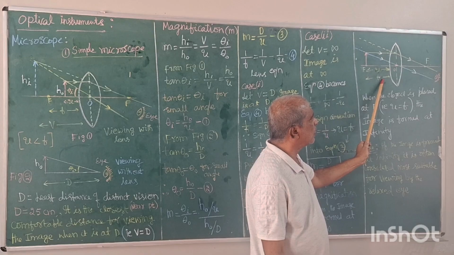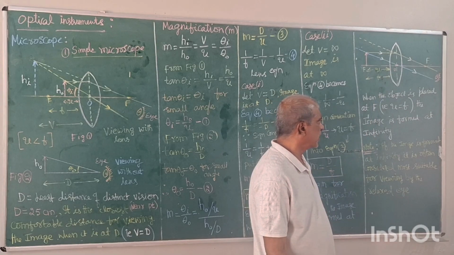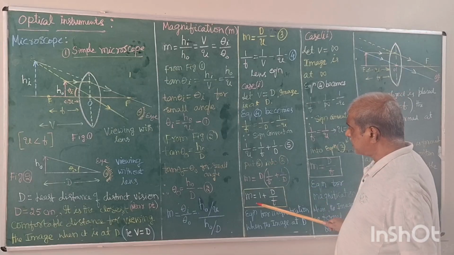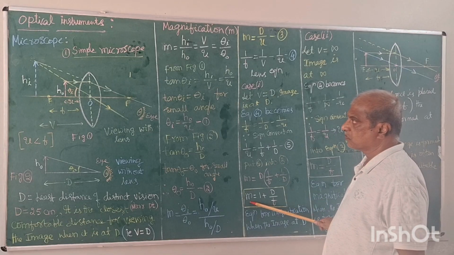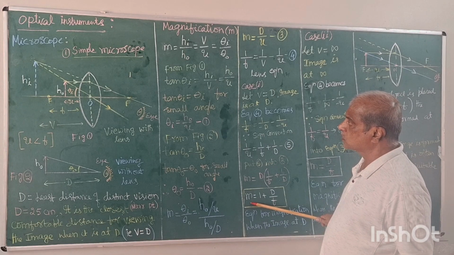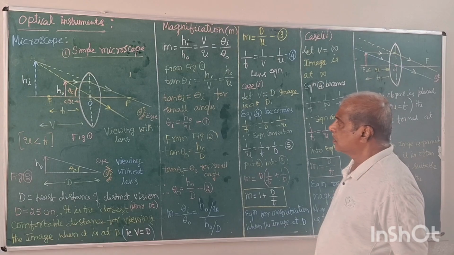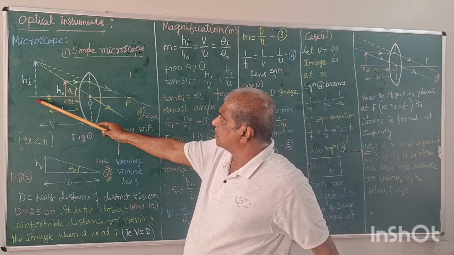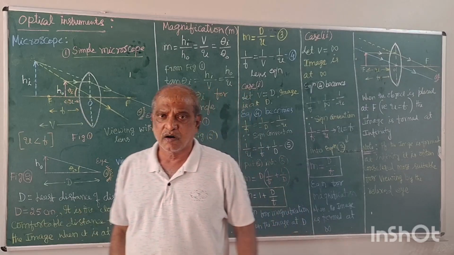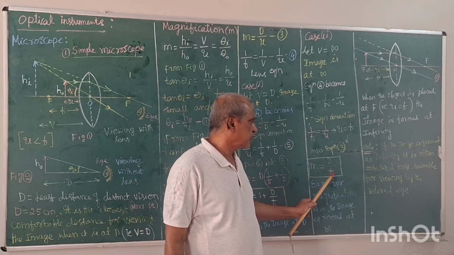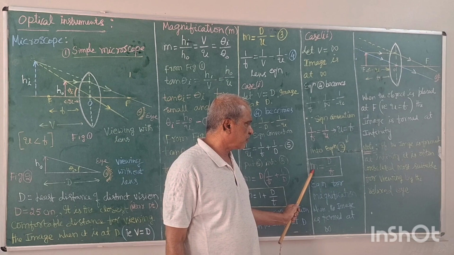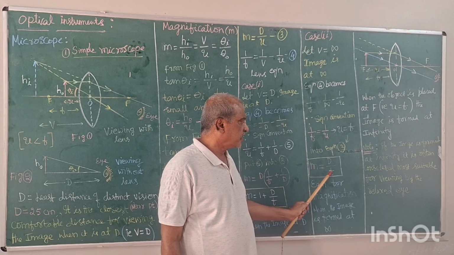So that is the concept involved in the simple microscope. So the magnification of the simple microscope here depends on whether the image is at the minimum distance d or the image is at the final distance, infinite distance. So this is the equation, magnification for the image at infinite distance.